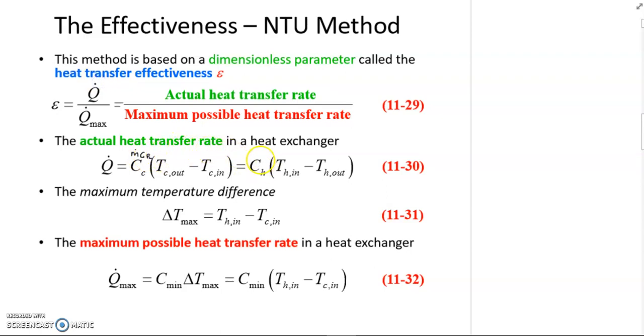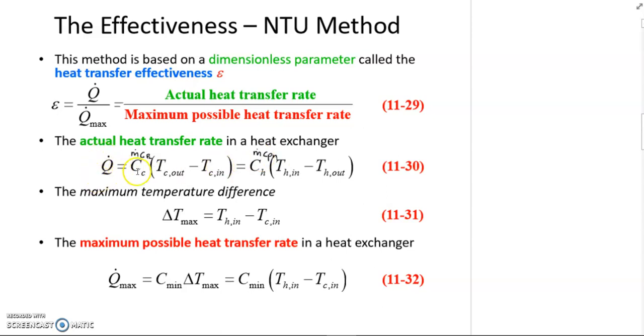Same thing for the heat capacity of the hot stream, equal to the mass flow rate of your hot stream multiplied by the specific heat capacity of the hot stream.